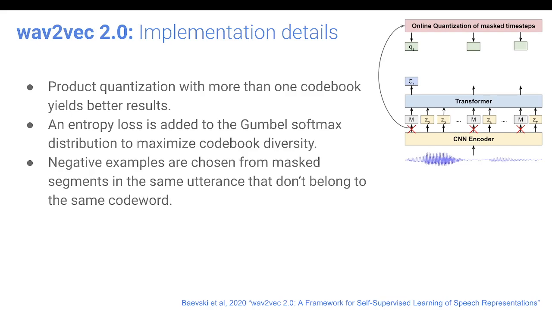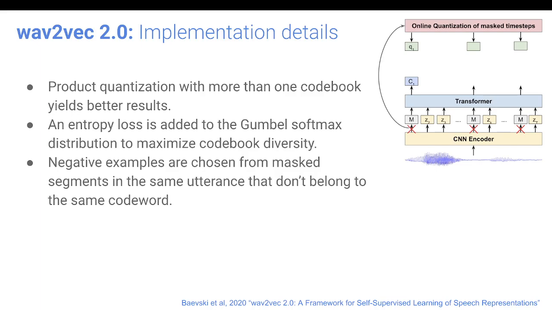One other detail relates to the negative examples here: as I mentioned before, they are sampled from masked segments in the same utterance, but more importantly, from positions that do not belong to the same code word. I.e., if Q1 here, for example, belongs to the index 17, you do not want to sample other negatives from the same utterance that belong to the same code word 17.